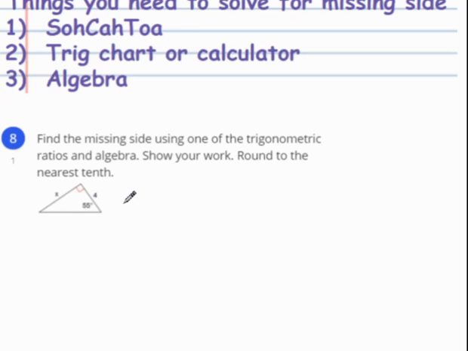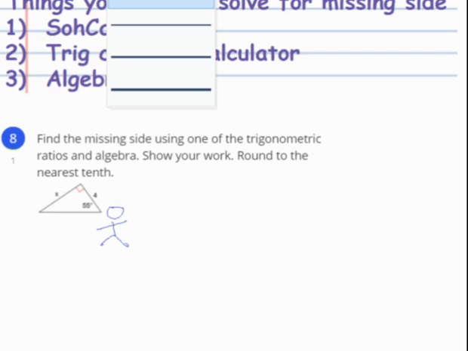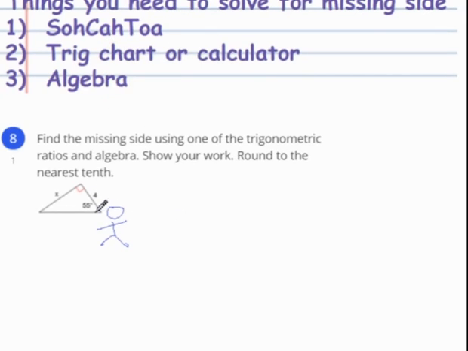So what we did is we said, okay, I'm at the indicated angle, so that means 55 degrees. That's where you are. Then you have to identify, is it opposite, adjacent, or hypotenuse? You have to identify the other sides. I know the two sides that always point to me are the hypotenuse and the adjacent. So the one across from me must be opposite.